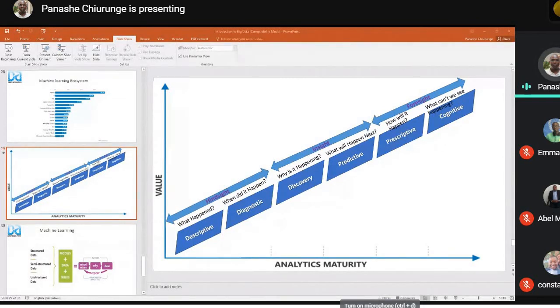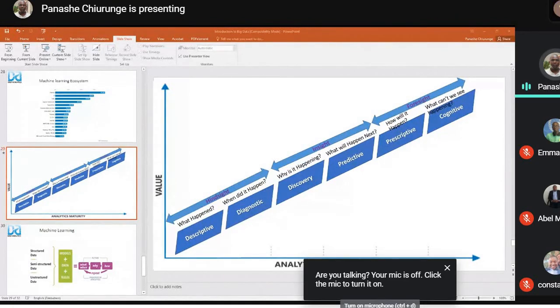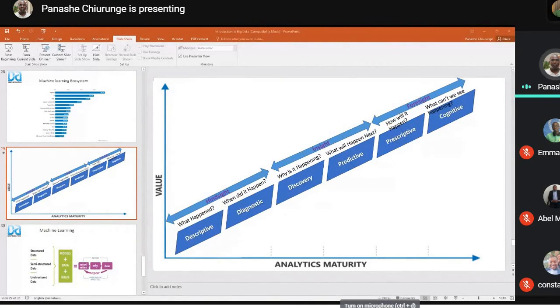In terms of analytics. Then the next level is what we call discovery analytics. Discovery analytics looks at why is it happening. Giving the analogy of driving a car, it is everything that you're seeing immediately in front of you, right? So this has got to do with real-time analytics.